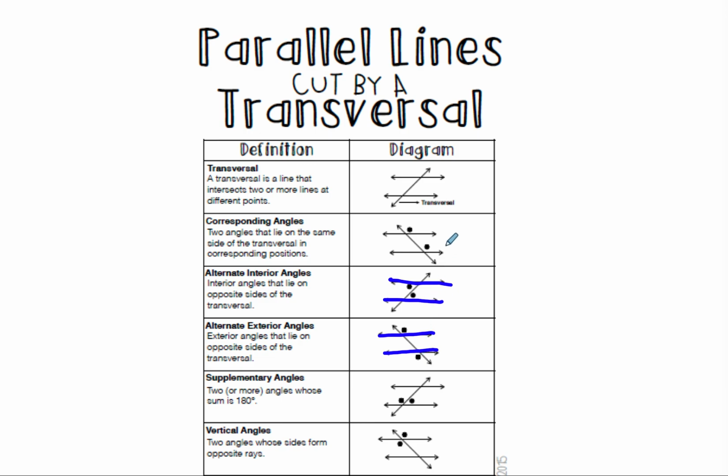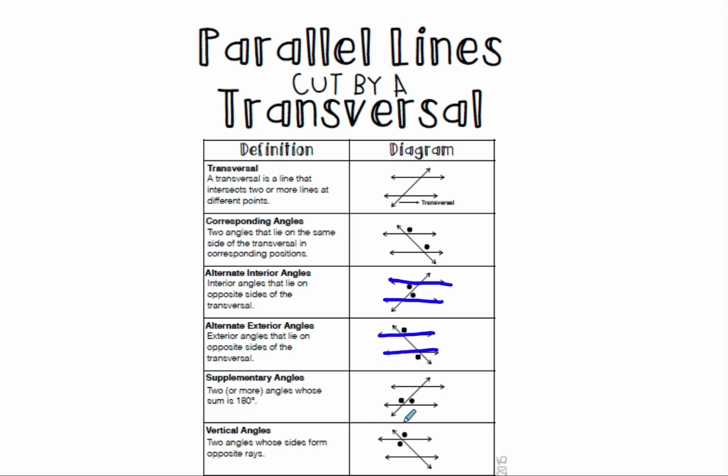That's because the angle measures, when I went through these ones, for corresponding angles, they're going to have the same amount of degrees. Alternate interior are going to have the same amount of degrees. And alternate exterior are going to have the same amount of degrees. Any obtuse angle is going to have the same amount of degrees as any other obtuse angle in that particular situation with the two parallel lines and a transversal.